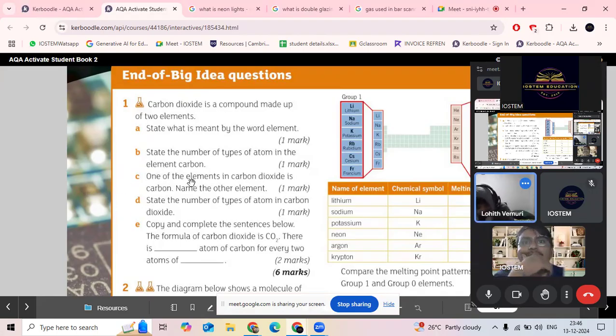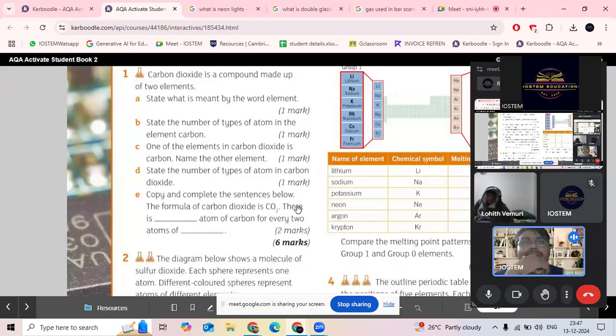One element of carbon dioxide is carbon and the other element is oxygen, right? State the number of types of atoms in carbon dioxide. How many types of atoms are there? 2. Very good.